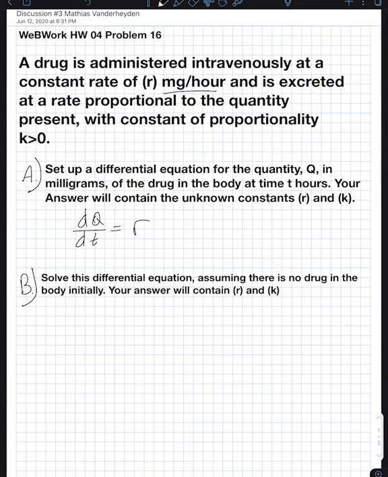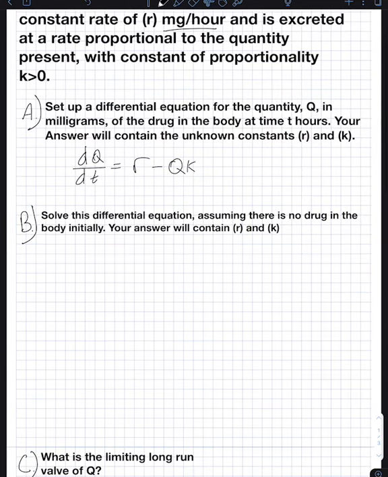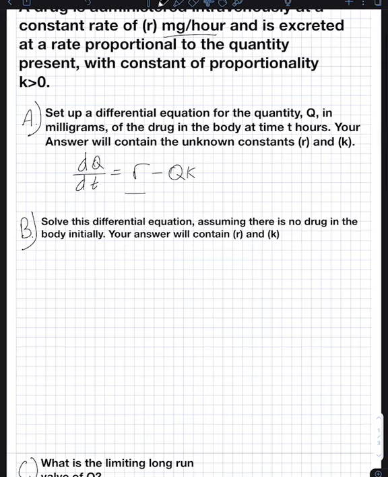R is the rate going in, and then it's proportional to the quantity already present, Q, with a constant of proportionality k. So we have R minus Qk. That is the amount going into the body minus the amount excreted at a rate proportional to the amount that's already in the body, which is Q.